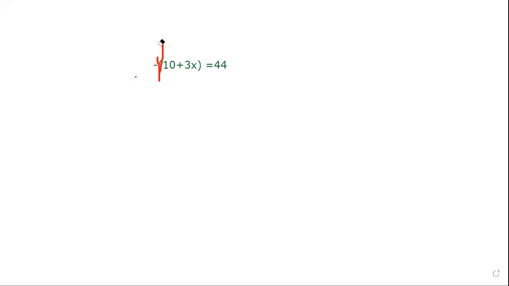It's up to you if you want to distribute the negative over the parentheses, or divide both sides by -1. If you divide both by -1, it will be 10 plus 3x equal -44, because we divided both sides by -1. Then we add -10 to both sides, so it will be 3x equal -44 minus 10.